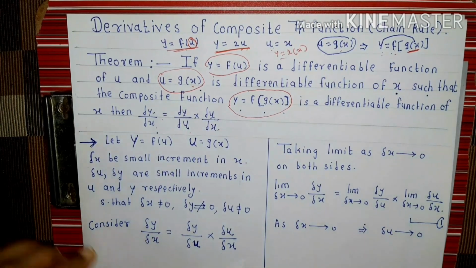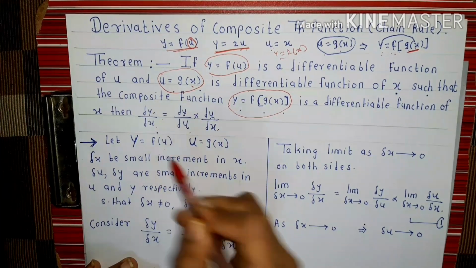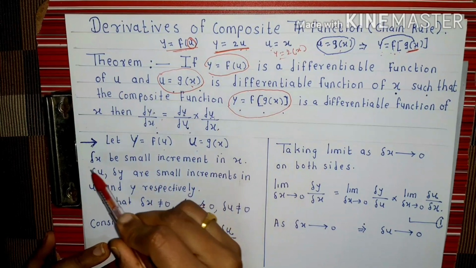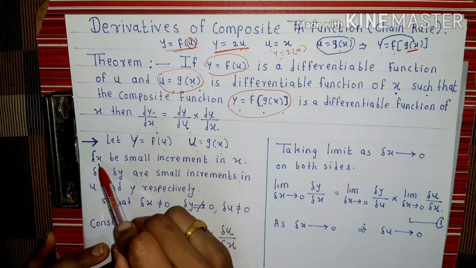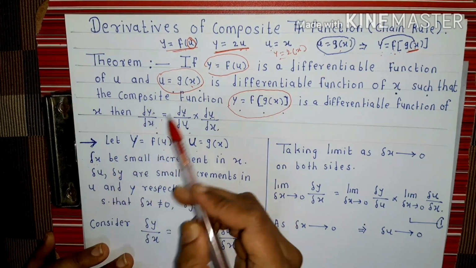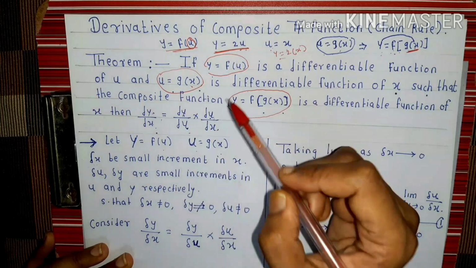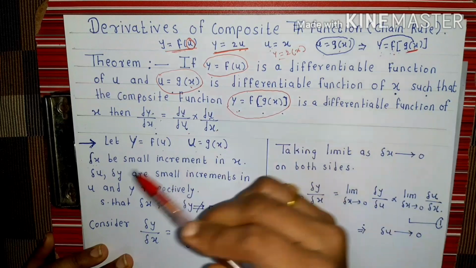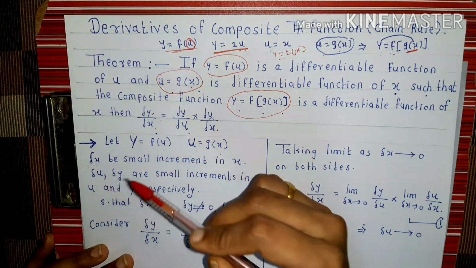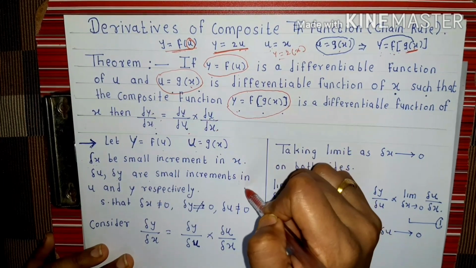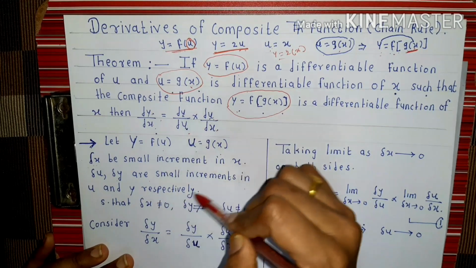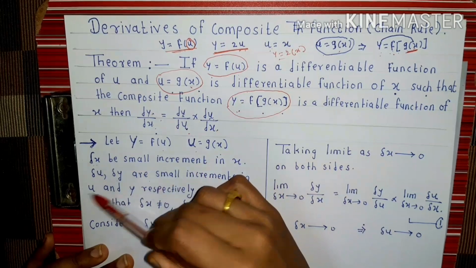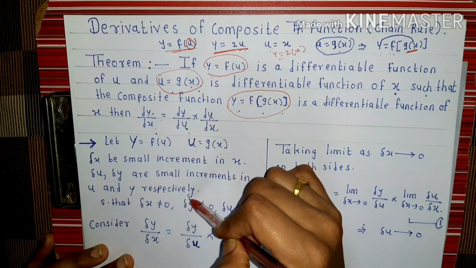We are given that y is a function of u and u is a function of x. Also, we know that delta x, delta u and delta y are small increments in x, u and y respectively.